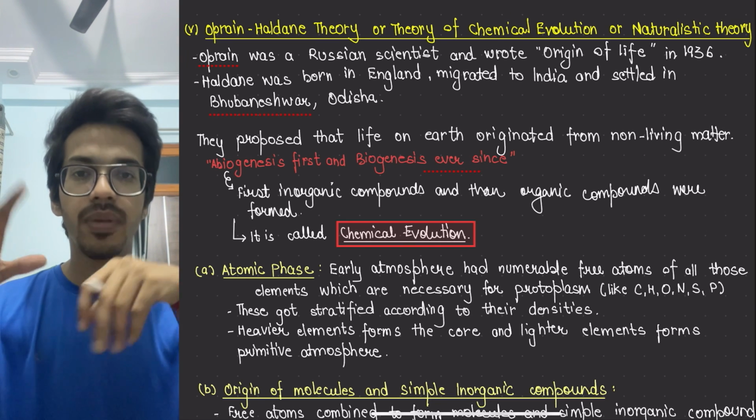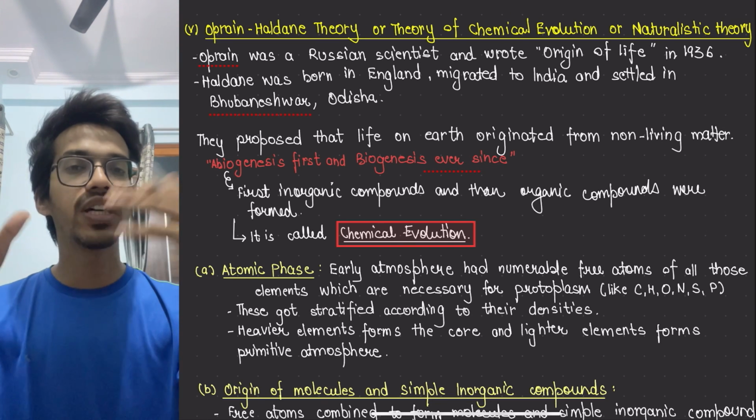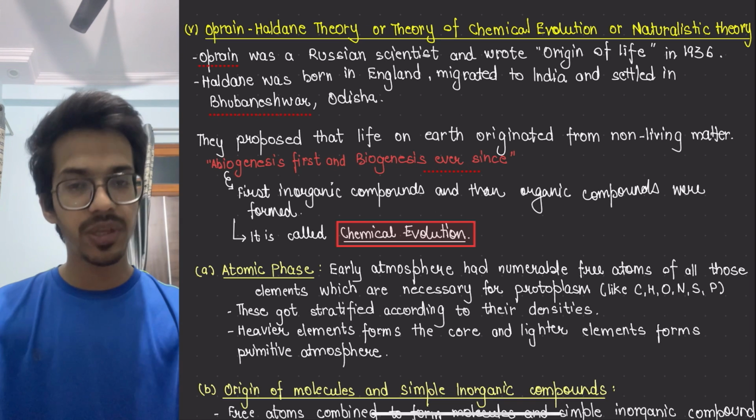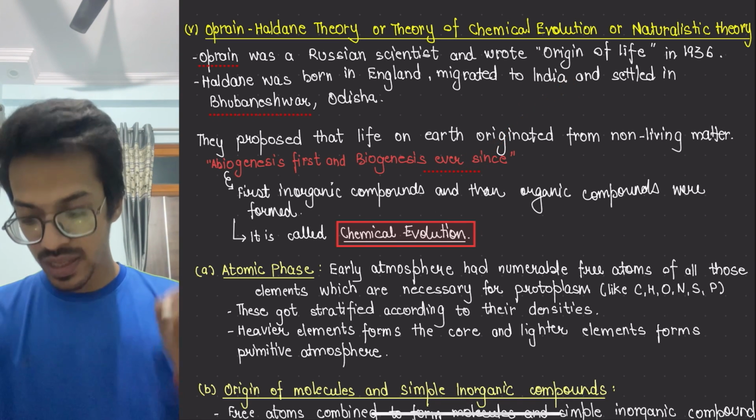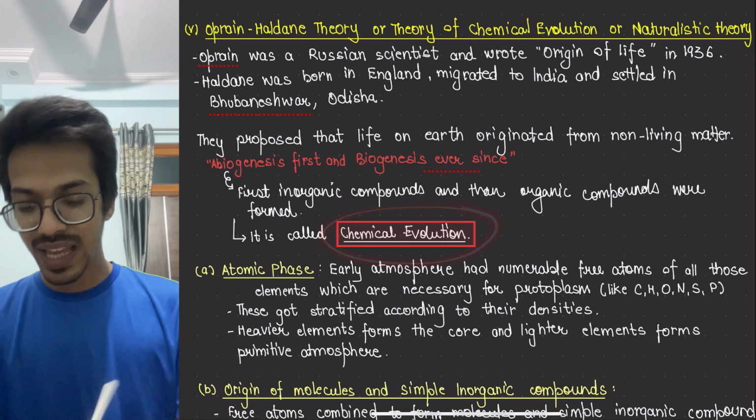That is what they are talking about. These protobionts have the capability of reproducing, so they will keep on reproducing. This is called chemical evolution.